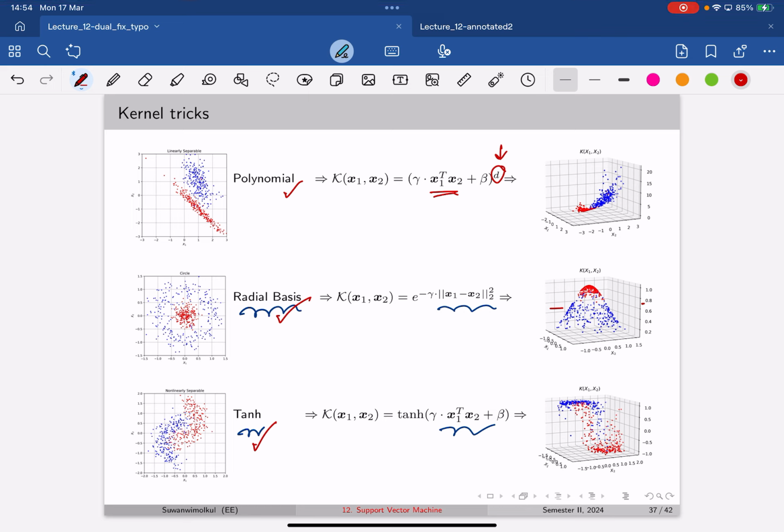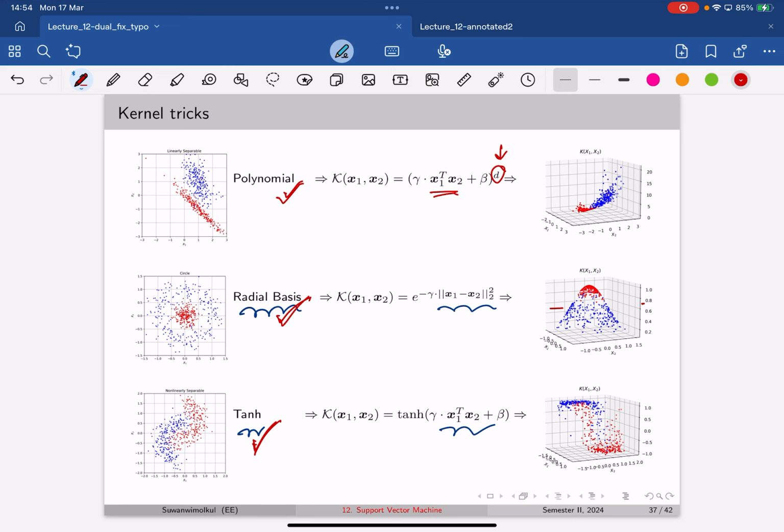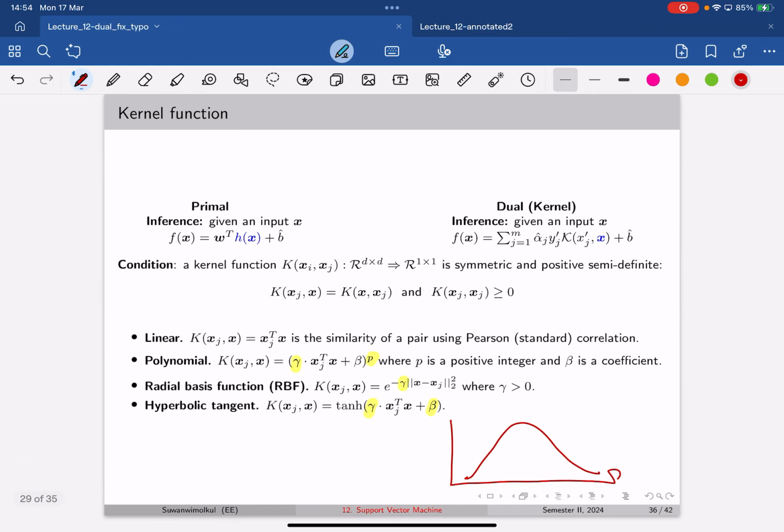But actually, not every function can be used as a kernel function, and we will see a little bit of the condition for the kernel function, but that will be just a little touch of what this kernel function could be and why it's there.